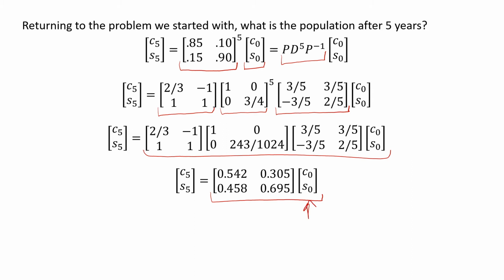So now if we know the starting population, one simple matrix multiplication gives us the population in 5 years. And you can see that if now you're asking for the population after 100 years, it's pretty easy to find it because we can very easily take the power of a diagonal matrix.